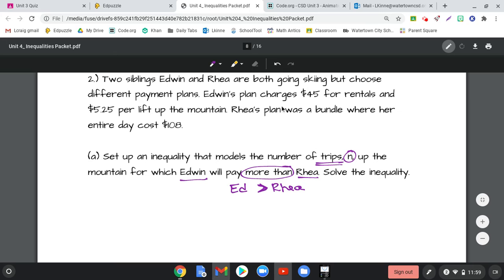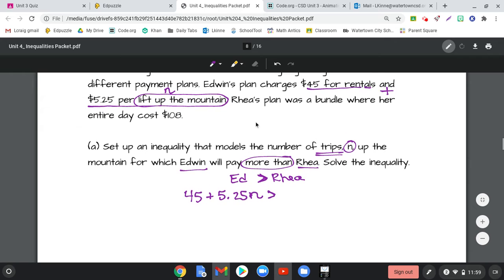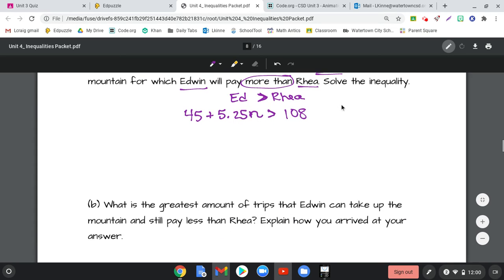So he is $45 for rentals, and so plus $5.25 per lift up the mountain. So there's where your n is going to go. So we've got his $45 for his equipment plus $5.25 times the number of trips, n. And we want to know when that's greater than Rhea, and she had a bundle, so she just paid $108 for the whole day.